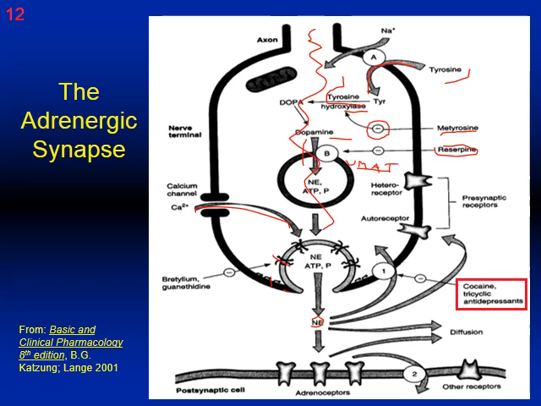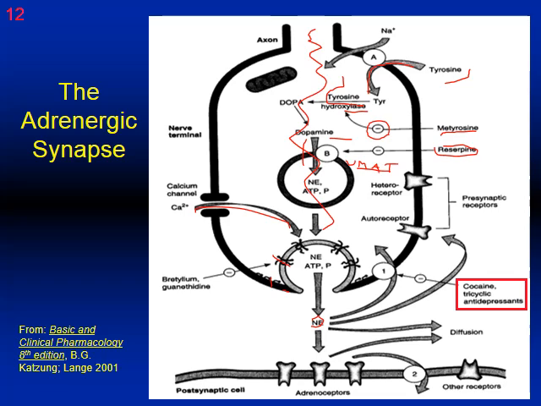So let me talk a little bit about this presynaptic receptor. For the most part, that presynaptic receptor that we're going to be concerned about is the alpha-2 receptor in the adrenergic synapse. And that alpha-2 receptor, when stimulated, causes an increase in Gi activity, which causes a decrease in cyclic AMP.